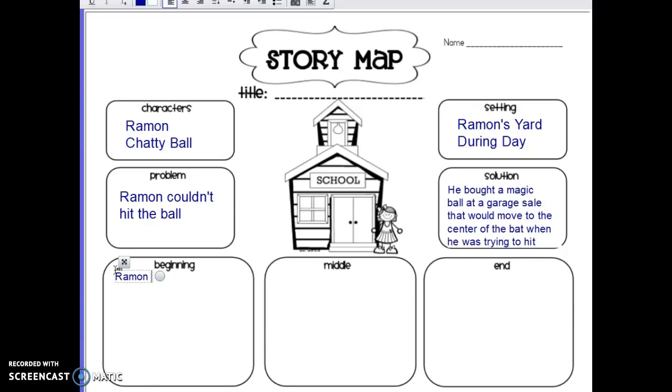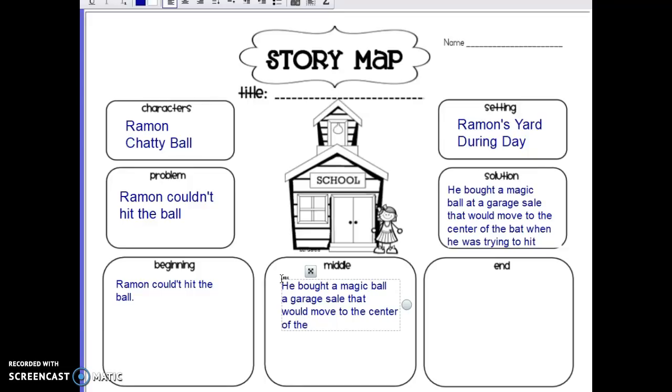Raymond couldn't hit the ball. He bought a magic ball at a garage sale that would move to the center of the bat when he tried to hit it.